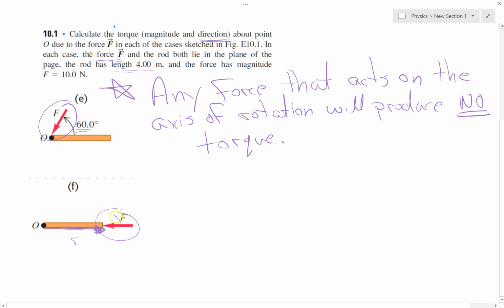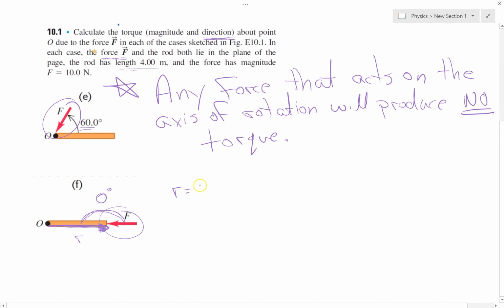But the angle between my lever arm and my force is going to end up being 0 or 180 degrees. They're both fine. They're both the same. And what that means is when I list out my variables, here's my lever arm, my force, my angle. When I plug into my formula for torque, tau equals RF sine theta, when I plug in 0 for theta, I'm going to end up getting 0.